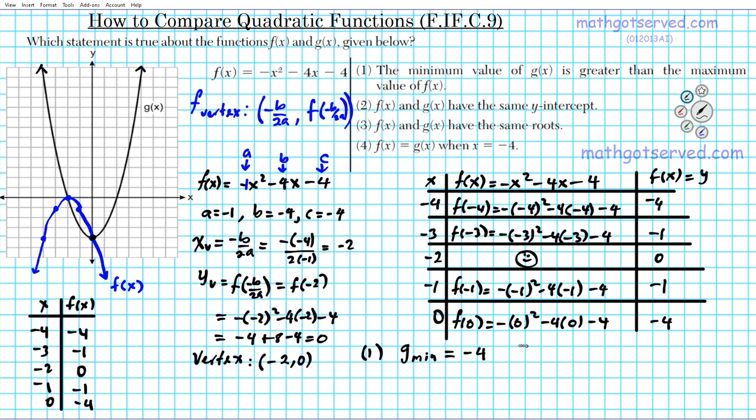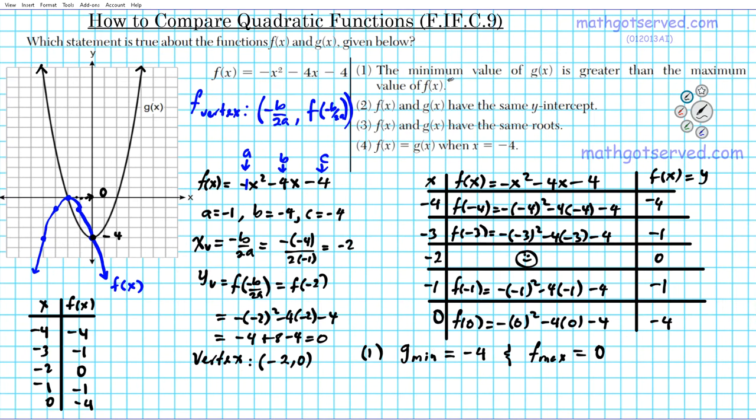That's the lowest point, and the highest point is the peak of f of x. F max is the peak of f of x. Remember, you're tracing it to the y. The peak here is 0. So the minimum value of g of x is negative 4, the lowest point, right? And the maximum of f of x, the peak, is 0.